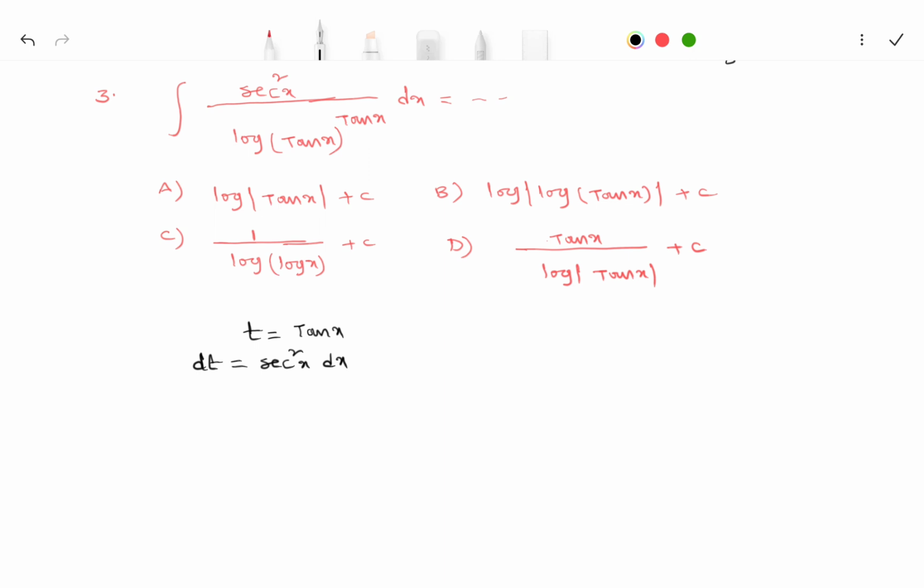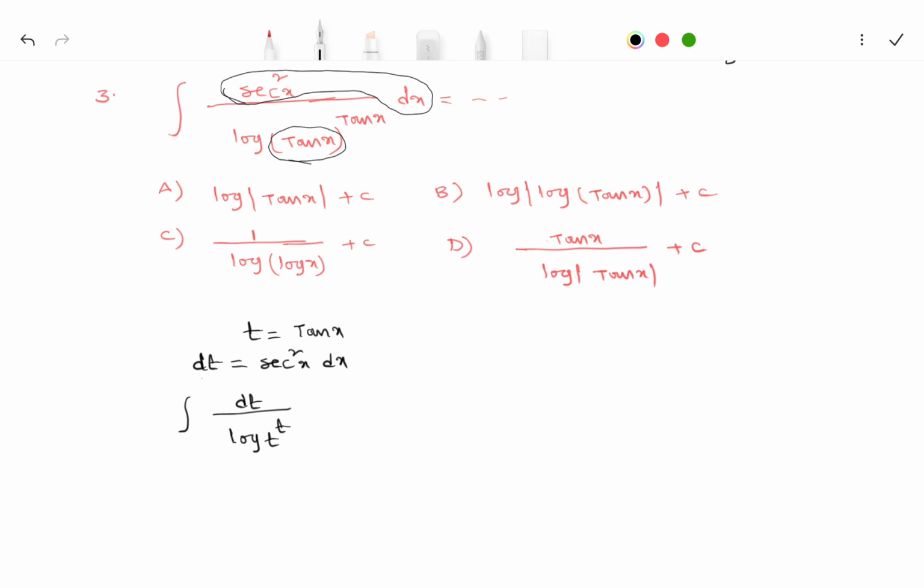In the given function, you can replace secant square x into dx with dt, and tan x with t. So this becomes the integration of dt divided by log of t to the power t.